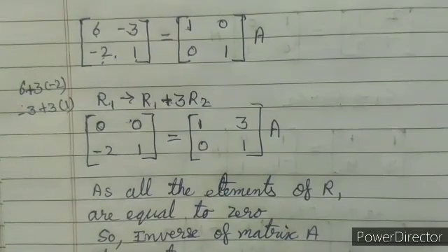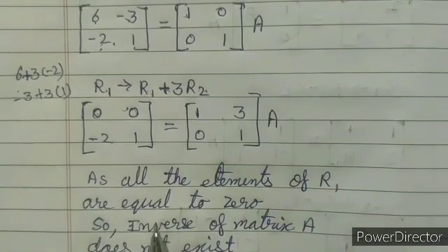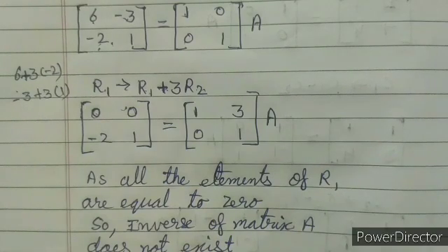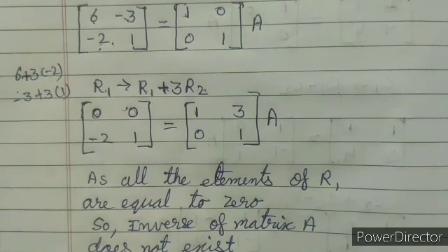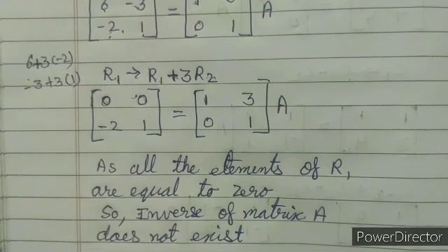Now you have to keep in mind that during elementary transformation, if all the elements of any row or all the elements of any column are equal to 0, then we can say that the inverse of that matrix does not exist.